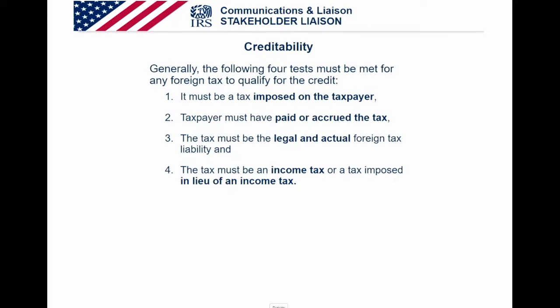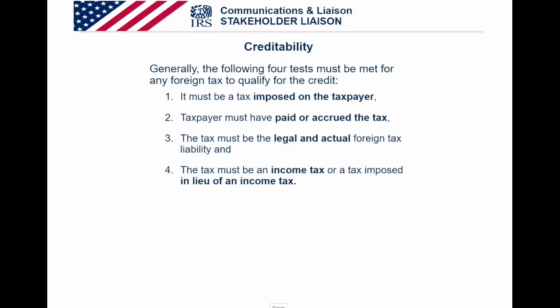The third item is that the foreign tax must be a legal and actual tax liability. This is an extremely important concept that is often missed. The amount of foreign tax that qualifies for the credit is not necessarily the amount that is paid to the foreign country or U.S. possession. And it's not necessarily the amount of tax that's been withheld by the foreign party.